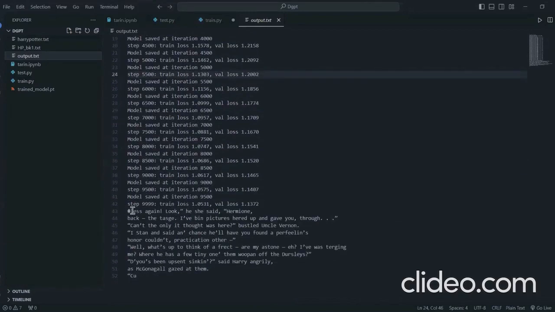After the iterations completed, as you can see, this is the generated text. It doesn't look very good, but it could be good if we increase the number of parameters, and if we had a good computational GPU. So that's all for the code.